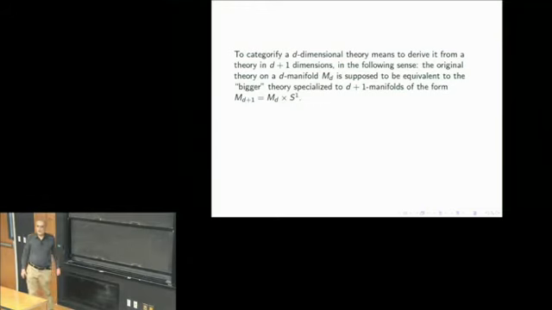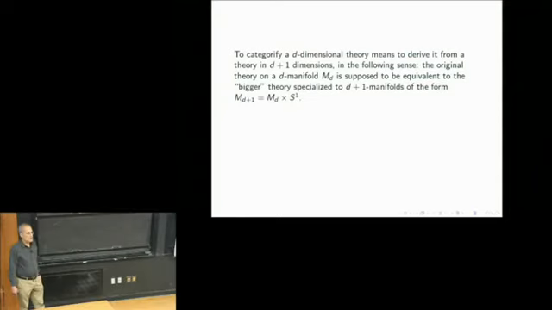So there's not any guarantee that a given d-dimensional theory can be obtained in that way from a d plus 1 dimensional theory, but you can always go down. Given a theory in d plus 1 dimensions, you can always produce a theory in d dimensions. So categorifying means trying to derive a theory in d dimensions from a theory in d plus 1 dimensions.